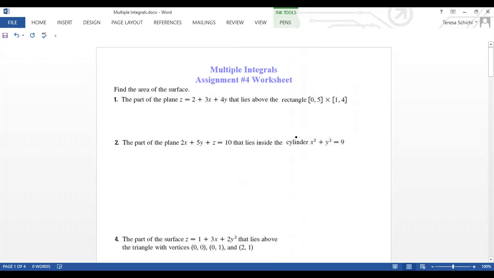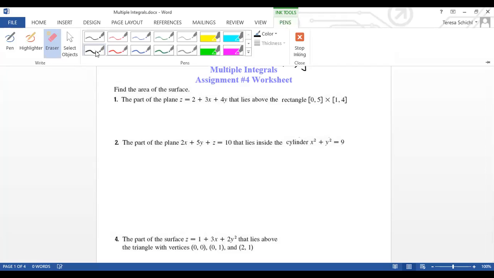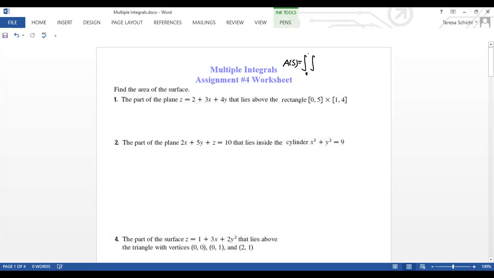Remember, the surface area is the integral over this region of the square root of 1 plus f sub x squared plus f sub y squared, dA.